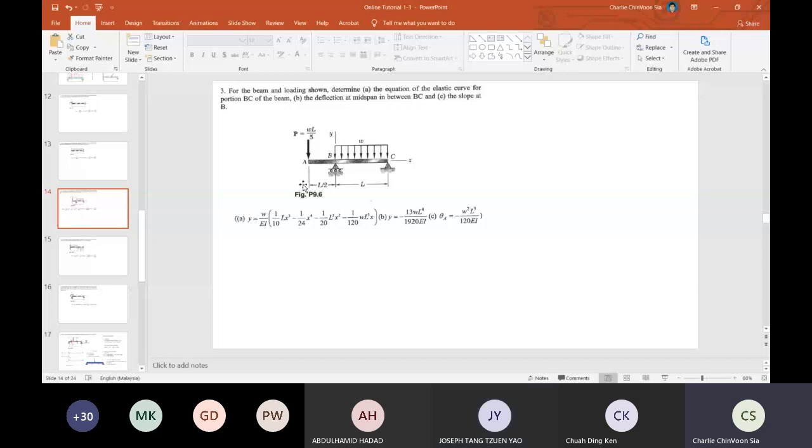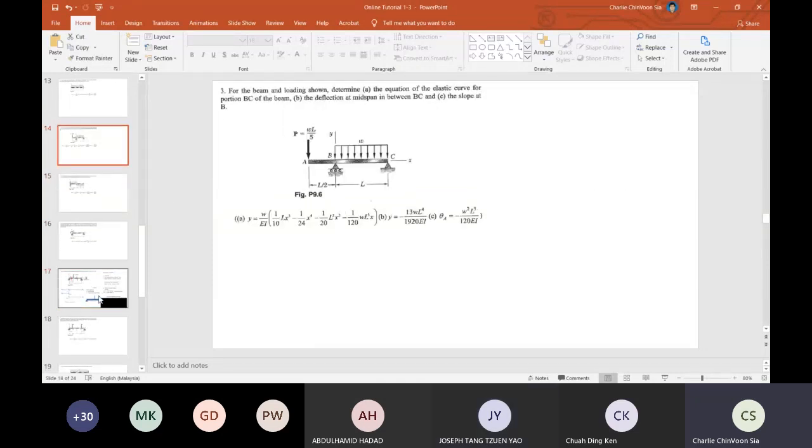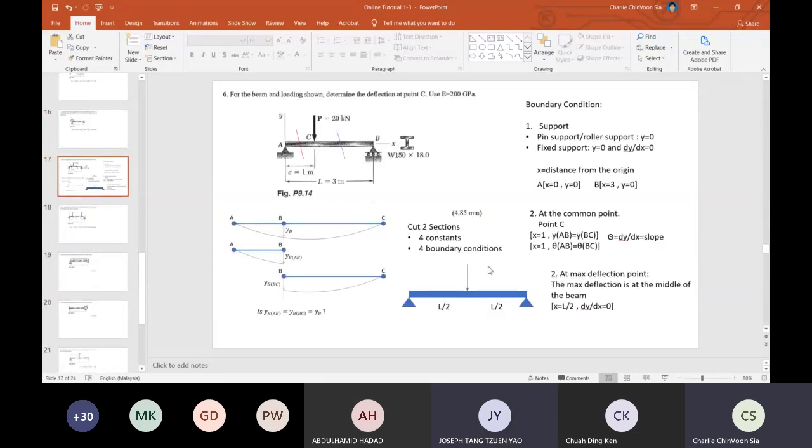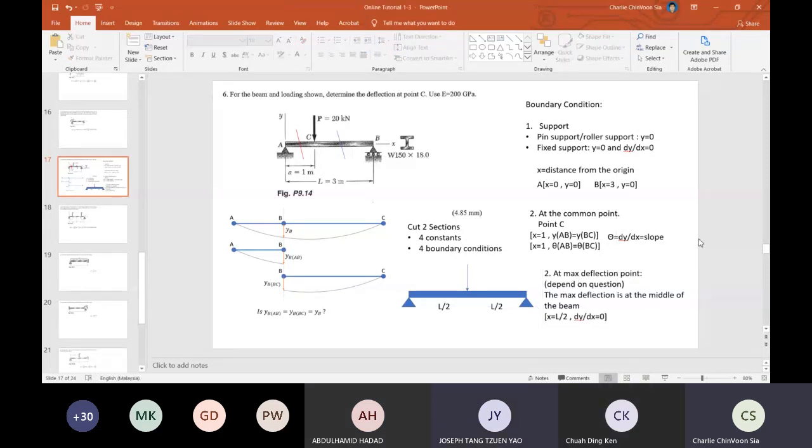So you cannot apply x equals L divided by 2 with dy dx equals 0. It depends on the question. So you cannot simply apply this boundary condition for all of the questions.